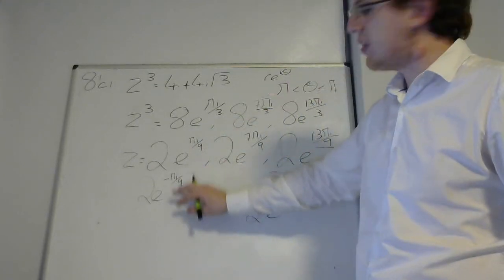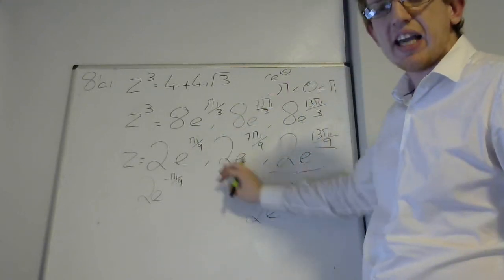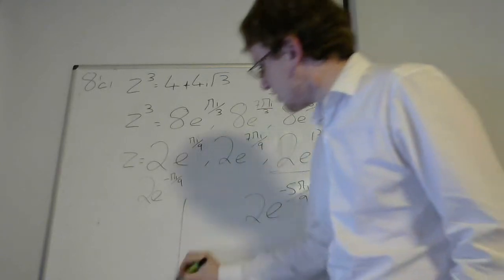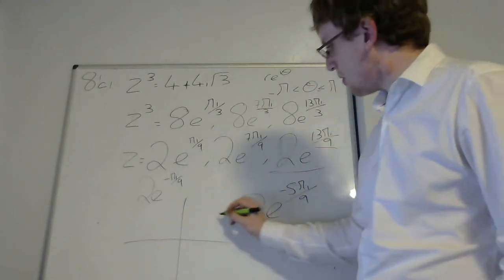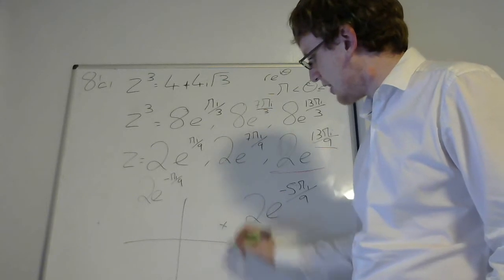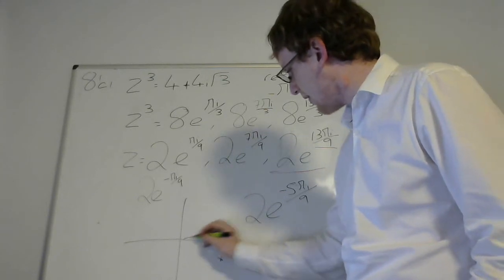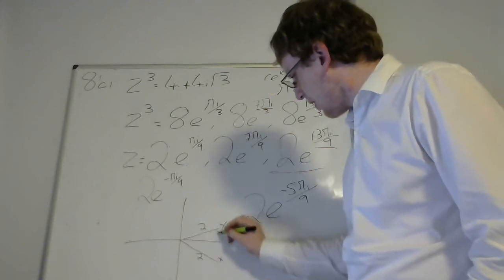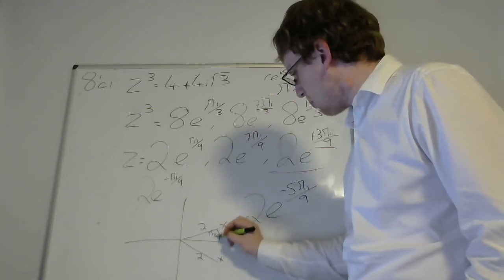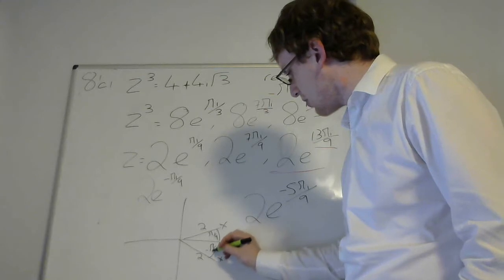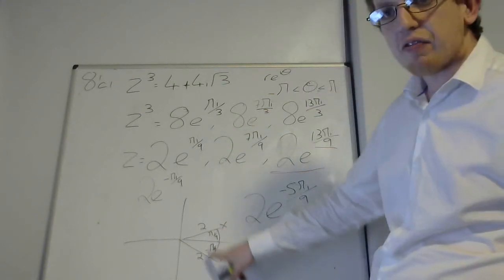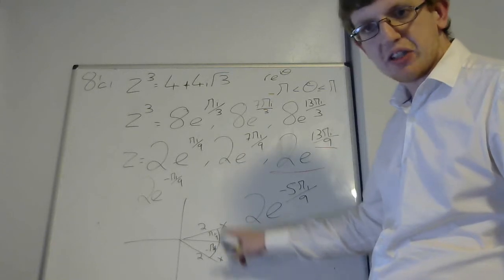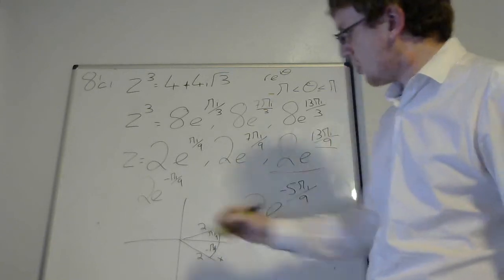So when we plot these two, and again they'll come in pairs, all three of them will have a corresponding pair, the examiner is looking for two symmetrical dots here. So one dot here and one dot here. So this has modulus 2, and this one's got argument pi on 9, and this one's got argument minus pi on 9. You don't have to draw in these labels with the 2 and the pi on 9, that's just me showing you where they go.